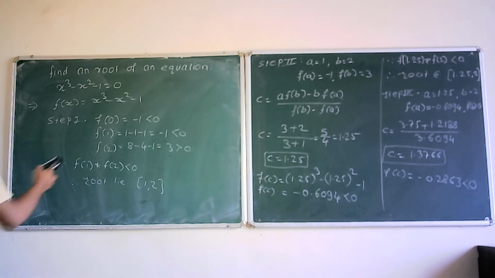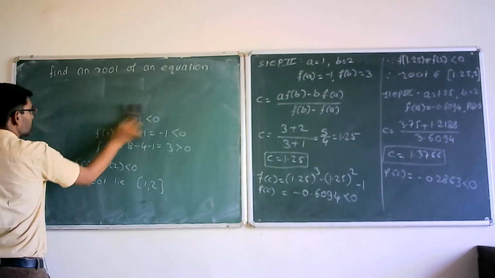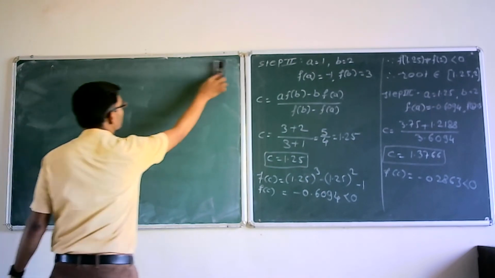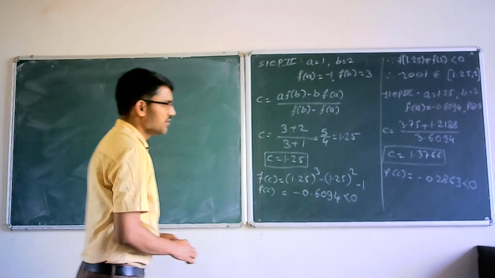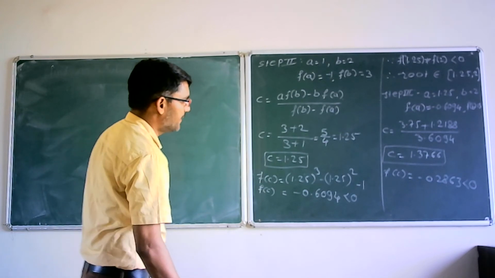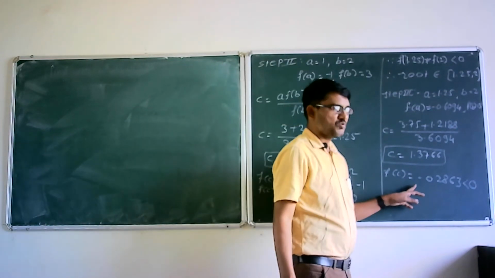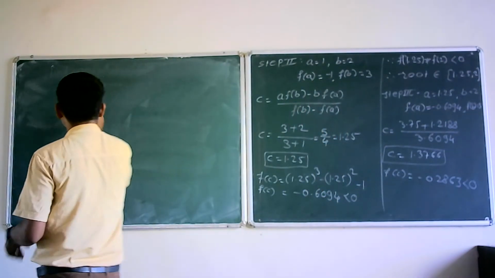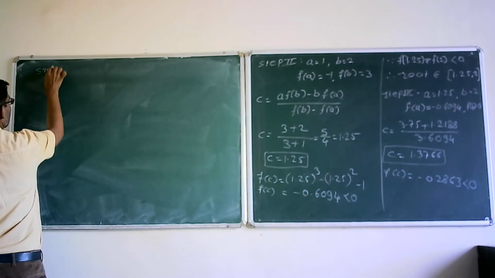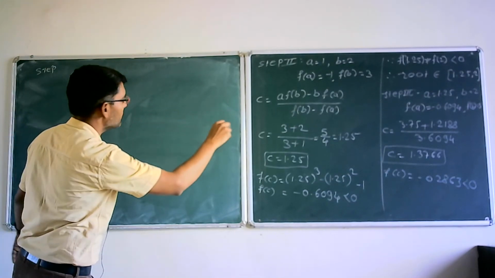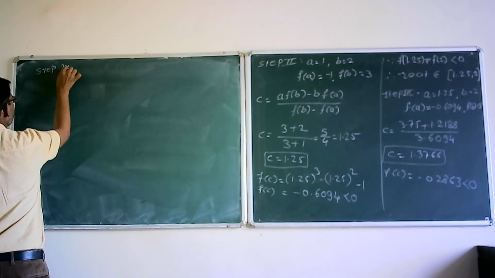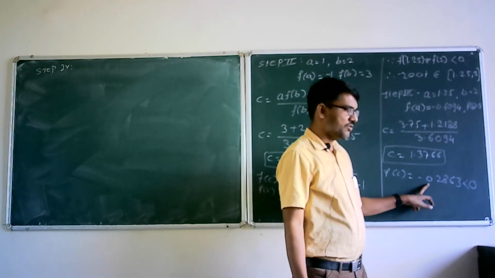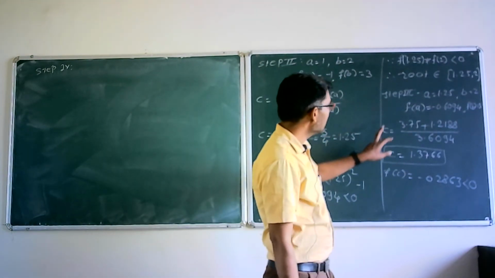Now next, since it is not close to 0, again we want to repeat the process. So our step number, what? 4. In step number 4, since this is a negative, what is the previous positive in the interval?